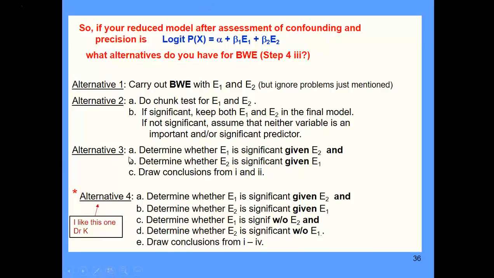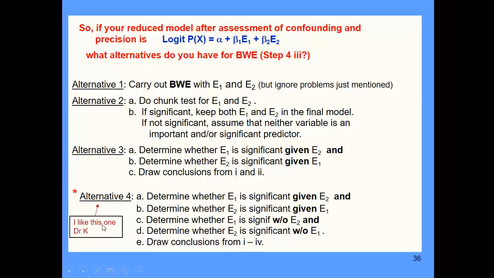Alternative 3 says, determine whether E1 is significant given E2, and determine whether E2 is significant given E1, and then draw conclusions. Well, that's what I was doing without considering the variables individually. I was just considering one variable given the other and the other variable given the first one. That's a way I could do it, but if I don't consider the variables individually, then I may be missing something. So alternative 4, I like this one.